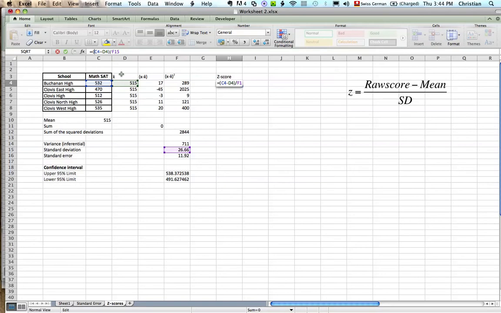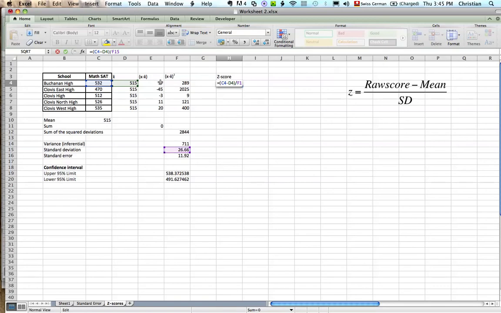And let's think about this for a second. The raw score minus the mean is the distance, right? The deviation from the mean. So what the z-score is, it's a division of the deviation from the mean by the standard deviation.